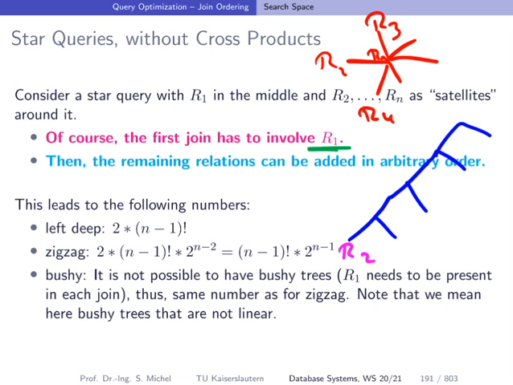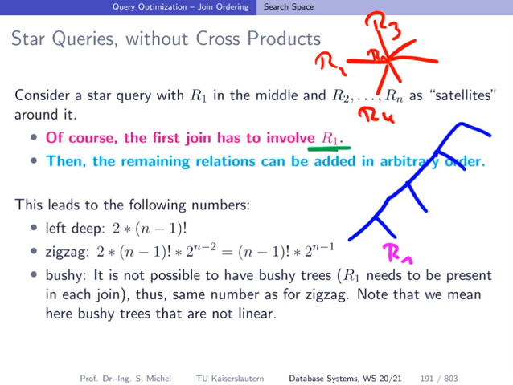We have to start something, doesn't matter what it is, because they're all joinable with R1, but R1 has to be there. Yeah. So for the first join we're doing, we have only two possibilities, depending on R1 being the left input or the right input.